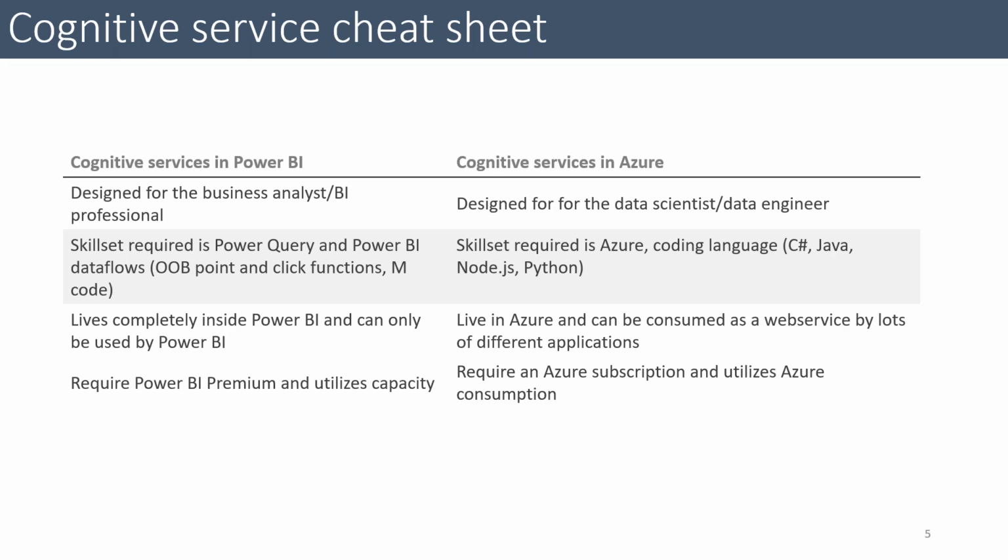They're not going to plug into other areas, like if I want to use it in a Dynamics workflow or embedded into my web app. I can't do that. With cognitive services in Power BI, they just live in Power BI. And from a billing perspective, they require a Power BI Premium capacity, and they leverage that capacity for all of the compute.